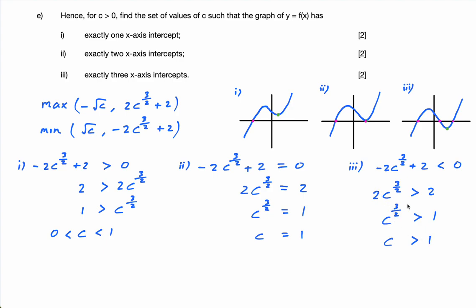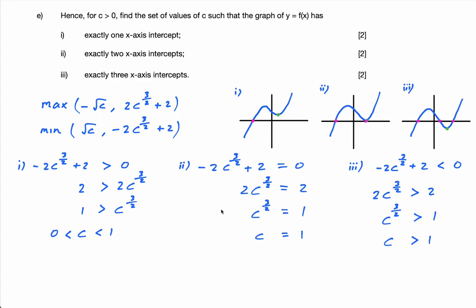Think about it. You could graph this, guys, if you're not clear exactly why that's the case, but I think it's pretty intuitive. If you raise a number to the power of 3 over 2 and it's bigger than 1, what must that original number be? Well, it has to be bigger than 1, because again, this power is bigger than 1. Okay, that's it.